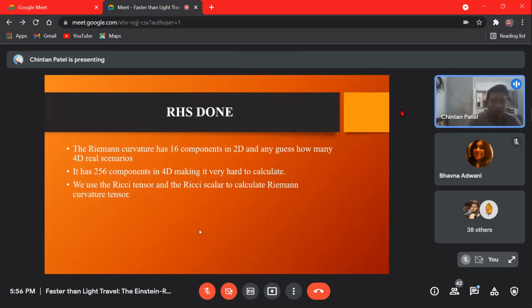One more thing. Now you need the Ricci tensor and the Ricci scalar to calculate the Riemann curvature tensor. This is the last thing. After this, we don't need anything else. Sorry, it is called a Ricci scalar. I said Riemann curvature scalar, I think. So you use the Ricci tensor and Ricci scalar basically to calculate the Riemann curvature tensor.